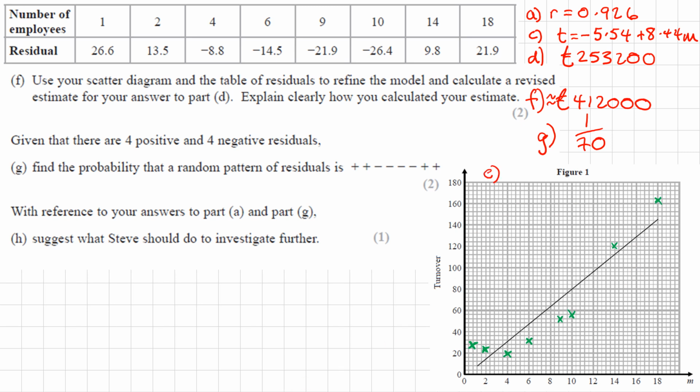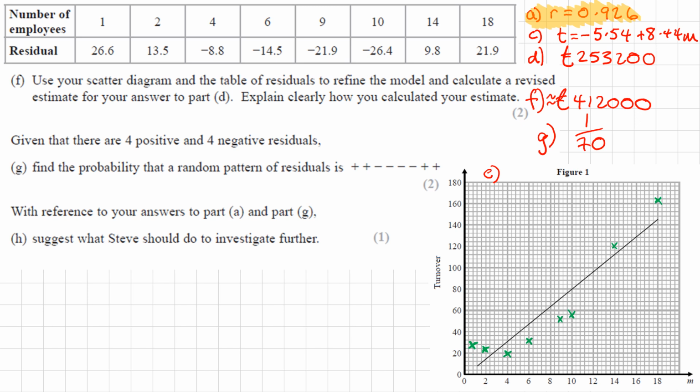Now the reason I've relabelled it is because I want to look at my answers for part A and for part G. So what have I got from part A? I've got a value of R, PMCC, of 0.926, which is suggesting a positive correlation.